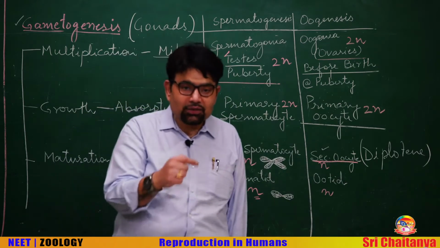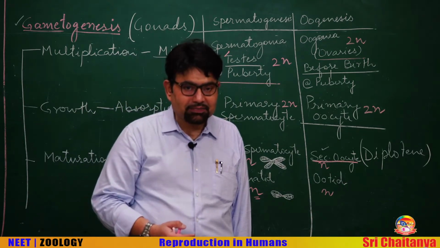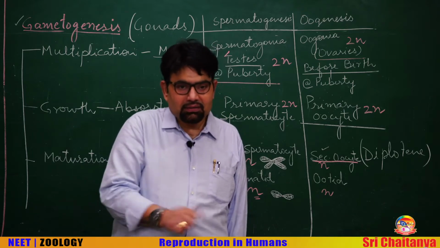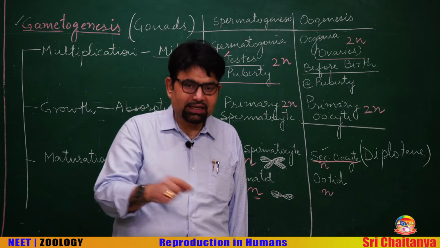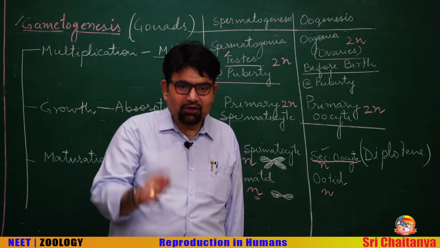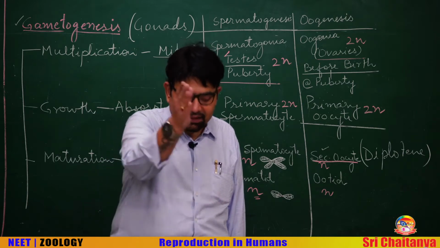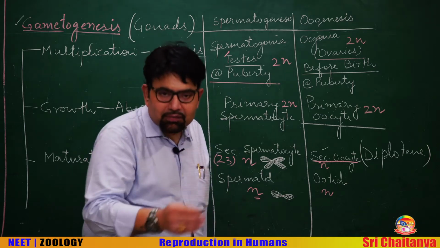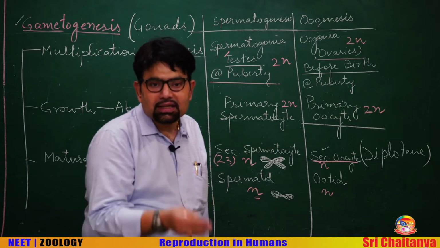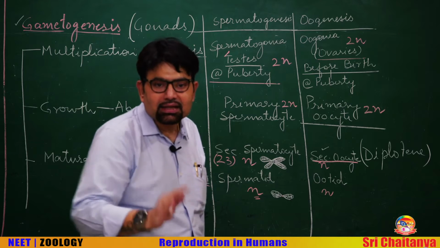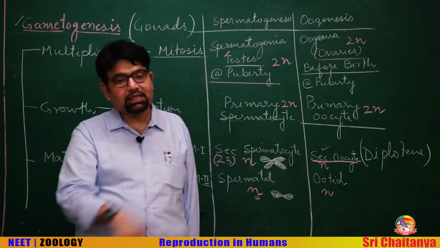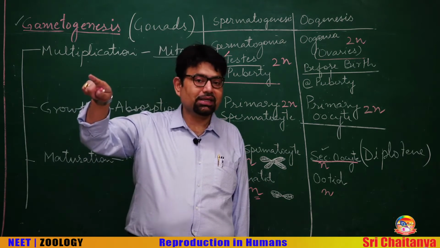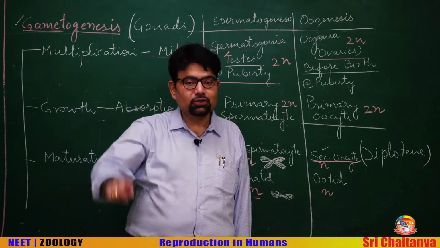The secondary oocyte has to undergo the meiotic second division. It is a sort of equational division. Prophase 2 is completed, metaphase 2 is completed, and here the cell cycle gets arrested. The second time it gets arrested, during the menstrual cycle, is at metaphase 2.